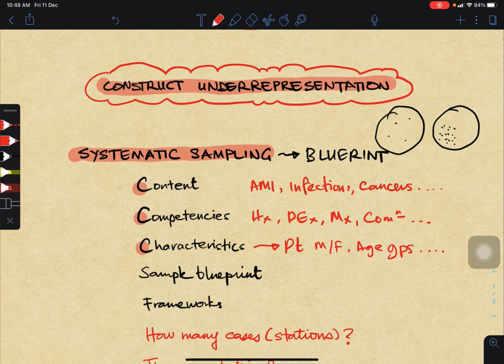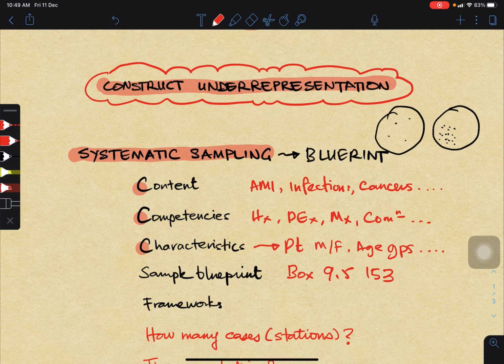Okay, and there's a nice sample blueprint given. You can see that in box 9.5, page 153. All right, it shows you the possible way of making a blueprint. Okay, and how do we approach in terms of content and competencies?